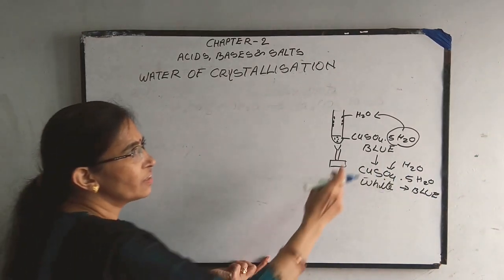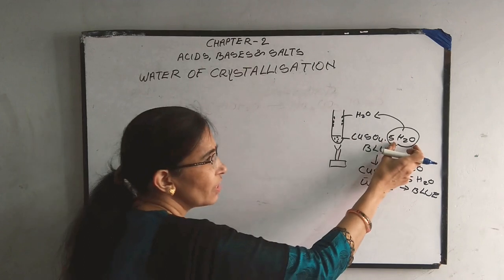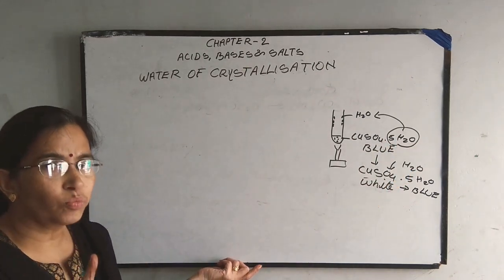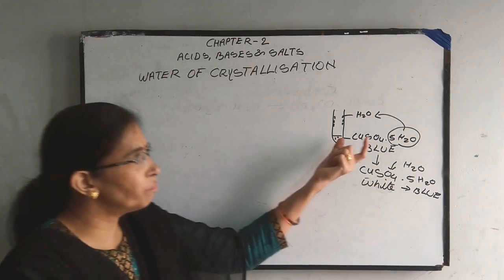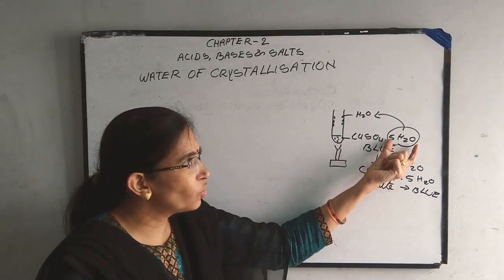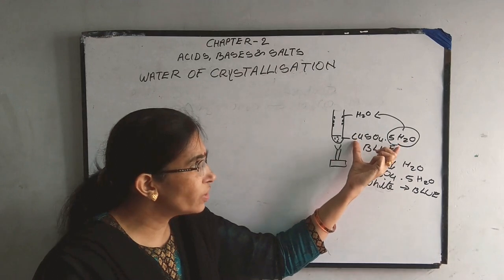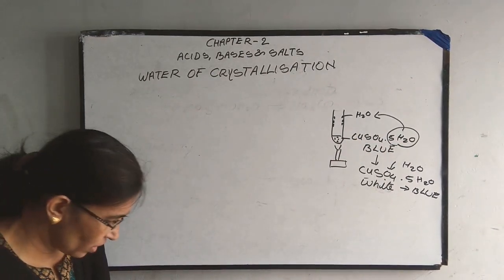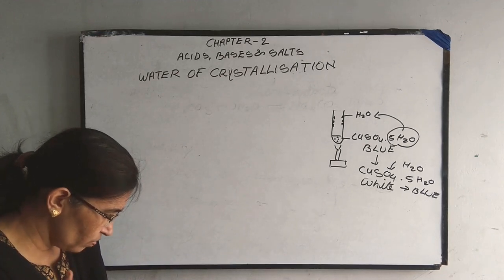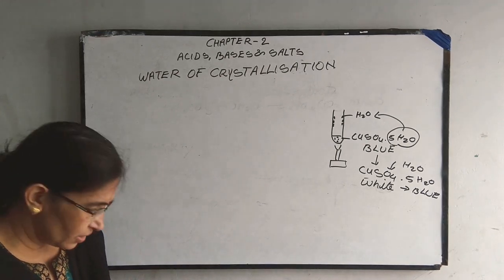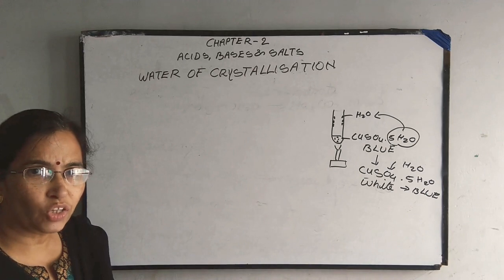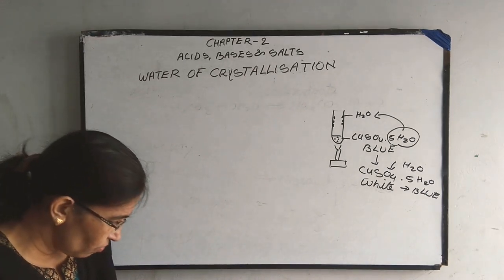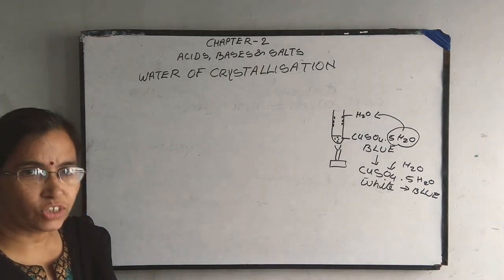So in the solid crystal, the number of water molecules present in one formula unit of a compound is known as water of crystallization. Let us write the definition: water of crystallization is the fixed number of water molecules present in one formula unit of a salt.